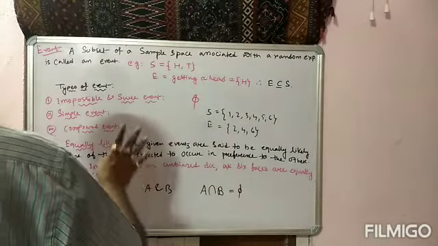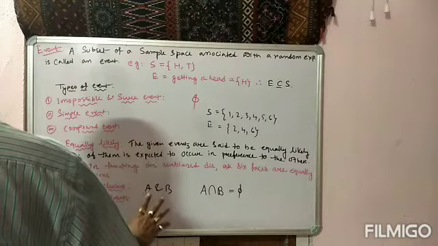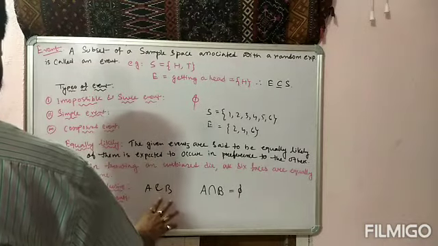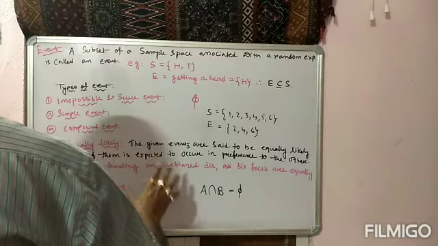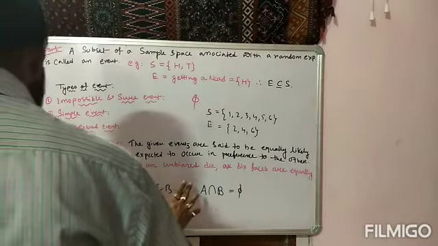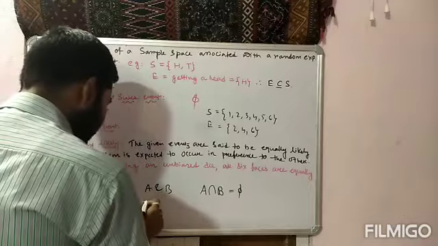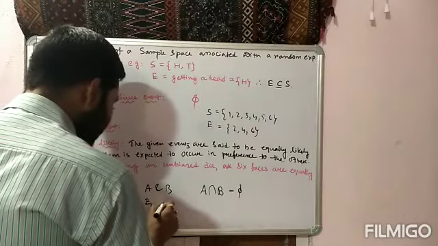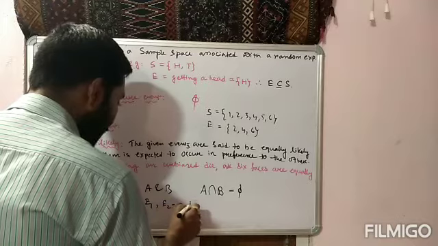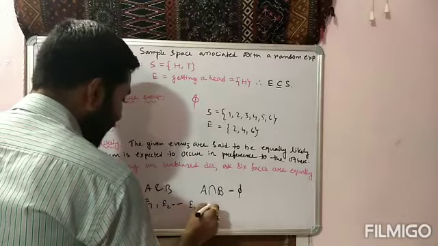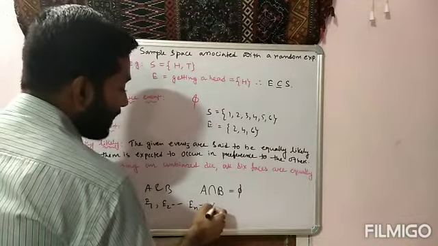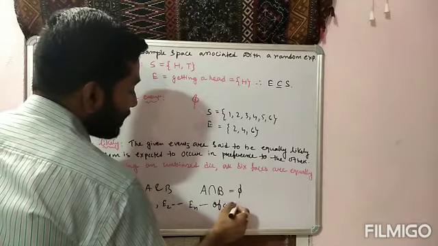For example, say E1, E2 up to En are the events of a sample space.